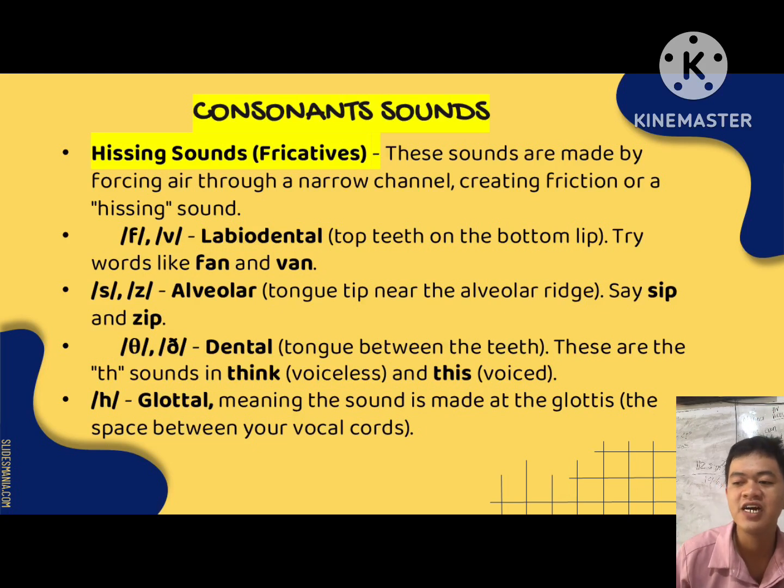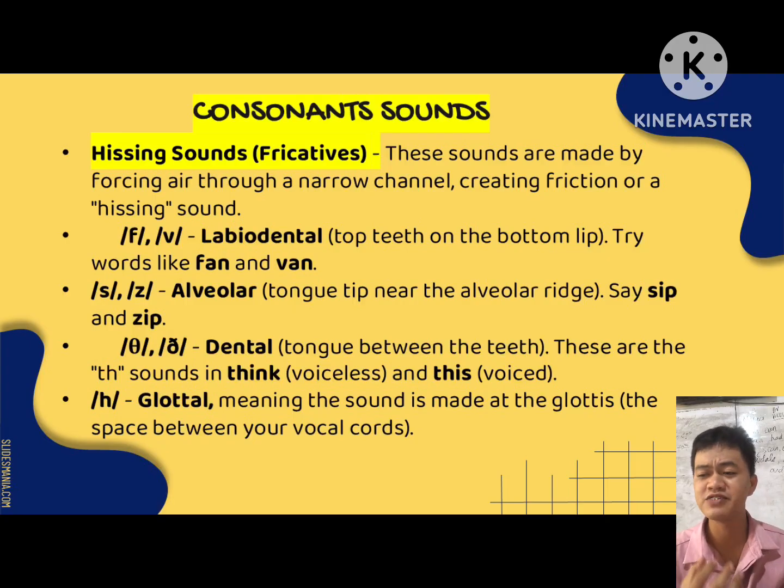Like the letters F and V, which belong to our labiodental place of articulation, involving our top teeth and the bottom of our lip, like the words fan and van.